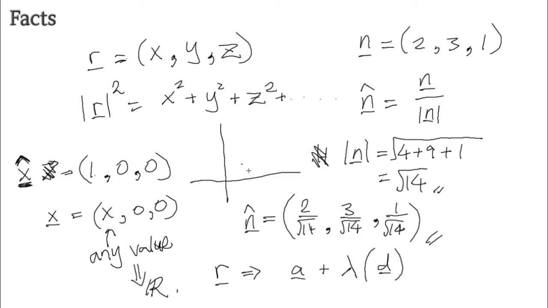Say I have a point 1, 1, so this is the a, and I have a direction of 0, 1, which is a direction vector pointing upwards. And if I want to go from 1, 1 to 1, minus 1, this length is down 2, and therefore lambda is minus 2.